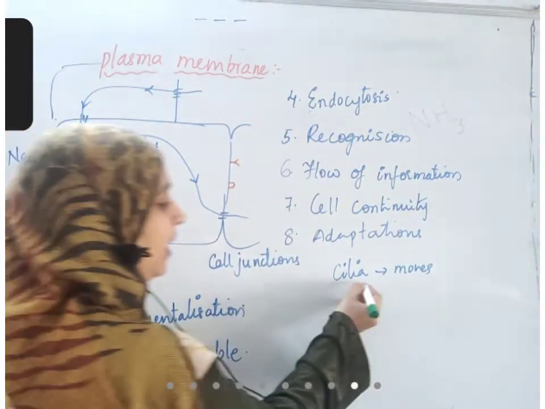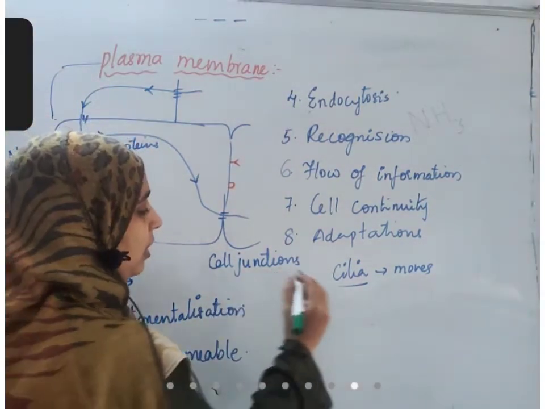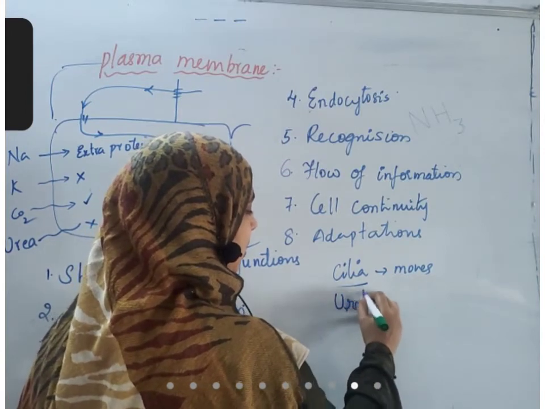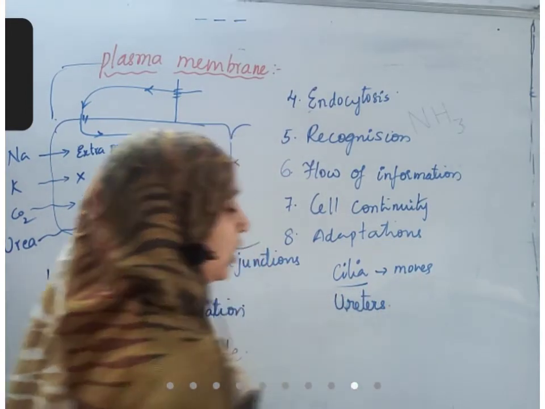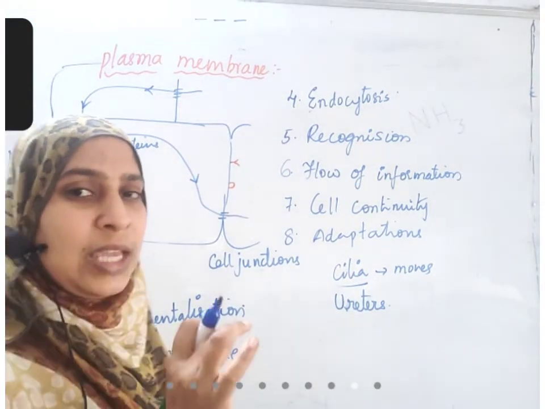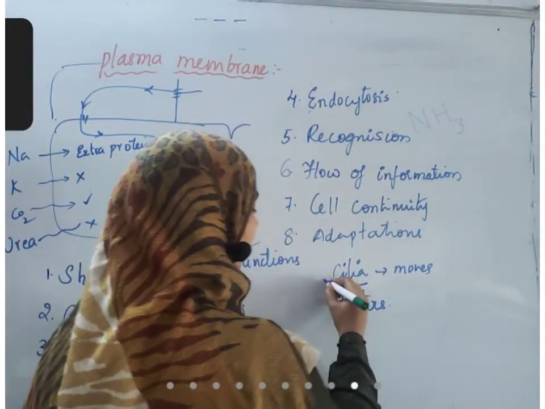So this is an adaptation in the ear for helping us to hear. Plasma membrane of ureters: ureters are the pipe-like structures that connect kidney with urinary bladder. There should be movement of urine. For that purpose also they have cilia.